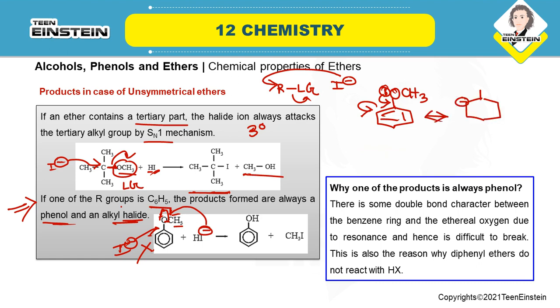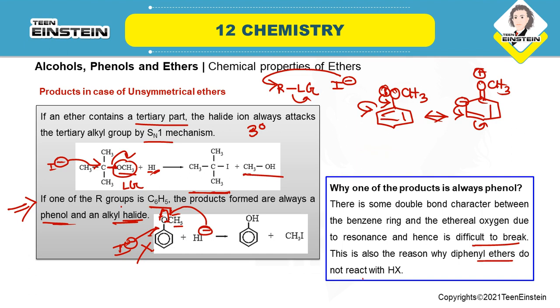Negative charge, OCH3, oxygen is positive. So see, double bond character is present between carbon and oxygen because of this resonance. Further, if you draw the other resonance structure, then also double bond character is present. So as there is double bond character, it is difficult to break it, and that is the reason diphenyl ethers do not react with HX.